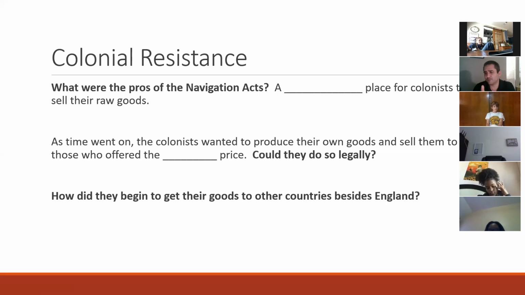And so that's kind of what happened here, right? The colonists were not legally allowed to sell their goods to other countries. But if other countries were offering a higher price than what England was offering, smuggling to other countries started picking up. Okay.